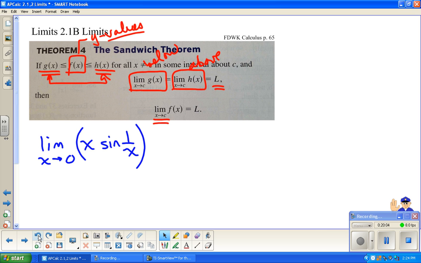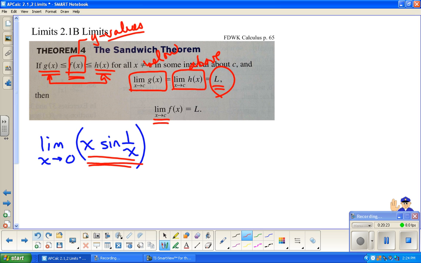Okay, so this says if this whole thing can be shown to be between two other functions that have the same limit, they don't even have to be this function, they need to be some functions that have the same limit as each other, then I can find this limit in between them.